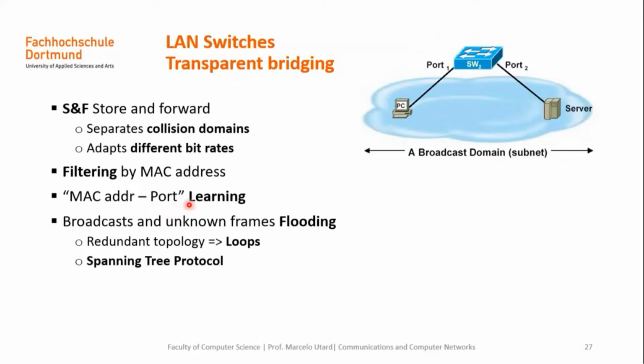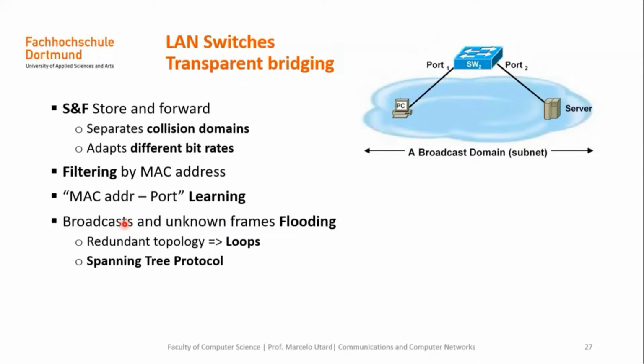Then finally, recall that an unknown frame is a frame that the switch received, but is destined to a MAC address that is not already known. That is an address that is not tied to any particular port of the LAN switch.